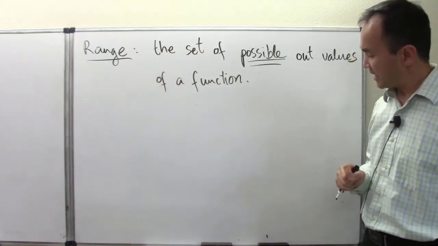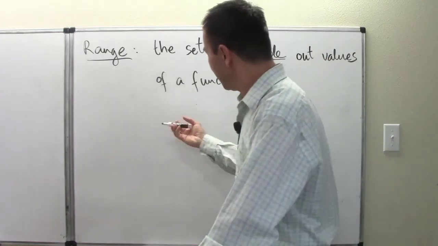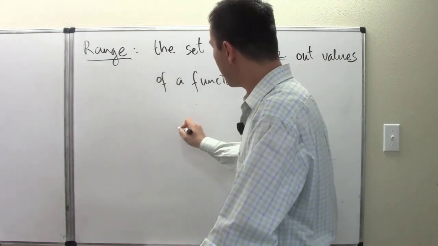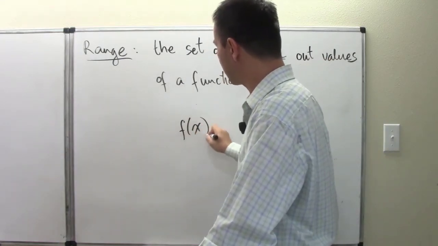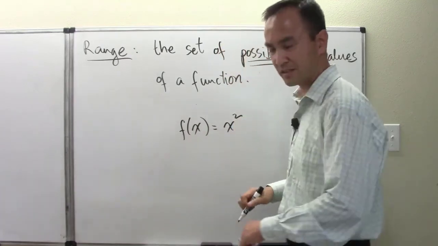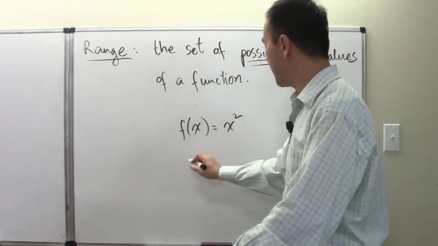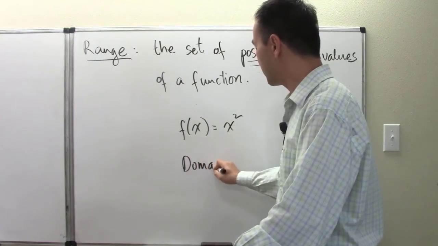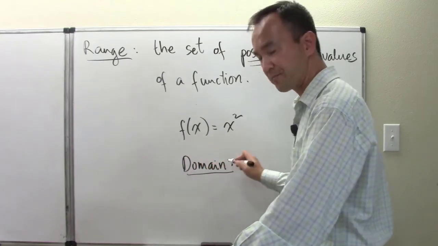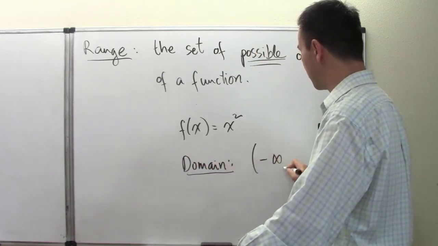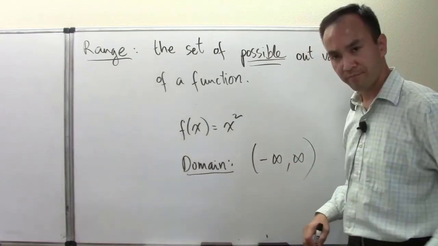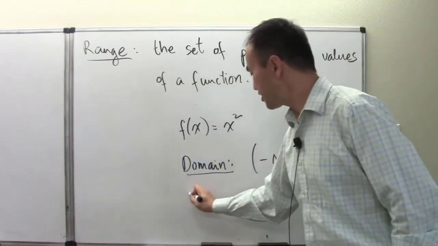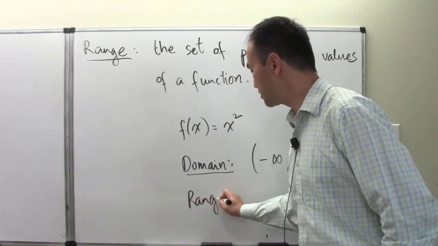Now back to that quick little function, f of x equals x squared. We already knew that the domain in interval notation is negative infinity to infinity. And just now we got through the definition.